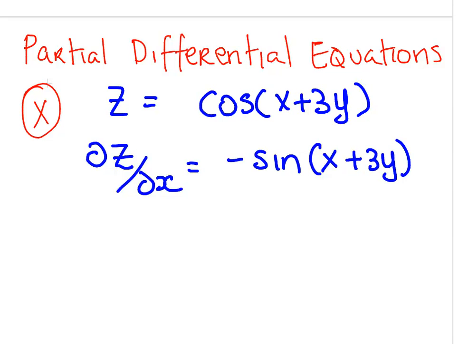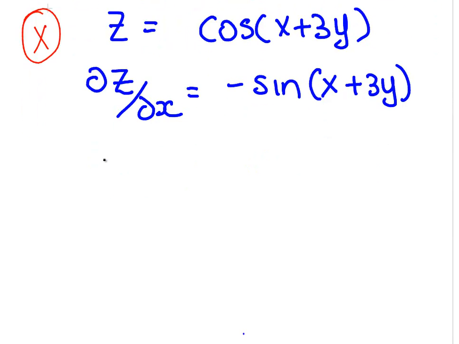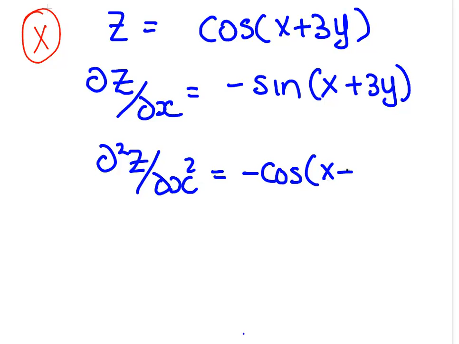Then the second derivative of z with respect to x: derive that again. The derivative of sine is cos, so the derivative of minus sine is minus cos of x plus 3y. So it's actually just the negation of z itself.